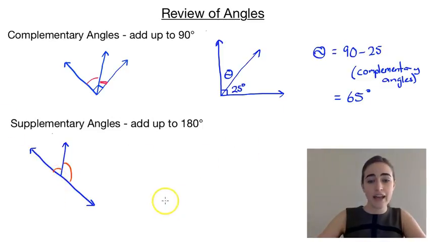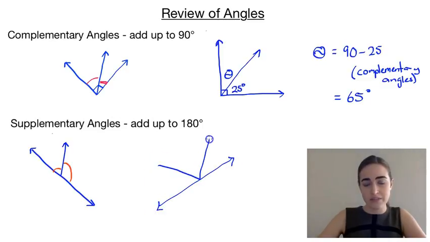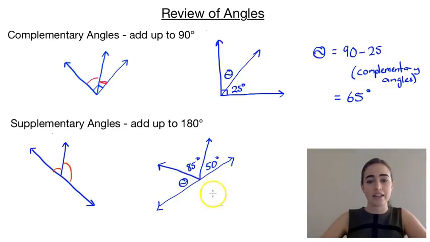If we have a look at an example, we've got our straight line here, we've got angles on here. This time it's going to be made up of three angles, but because they all still add together to give 180, they're still supplementary. This angle here is 85 degrees, this one here is 50 degrees, and we've got our theta here that we're trying to find.